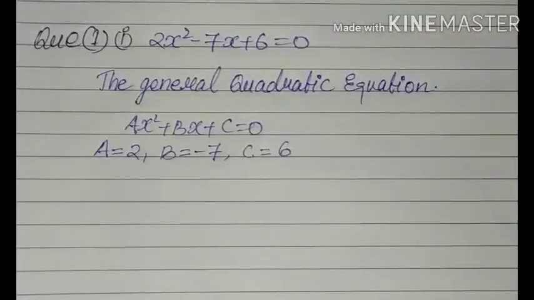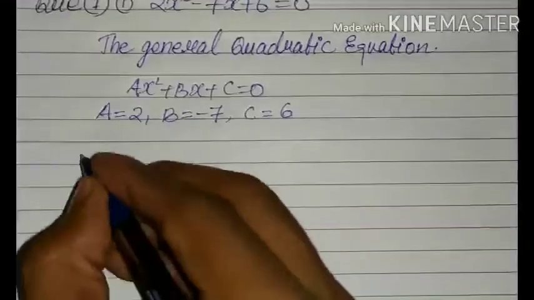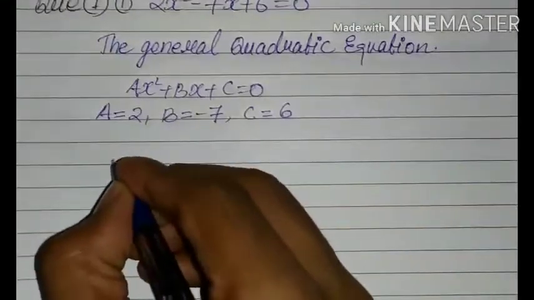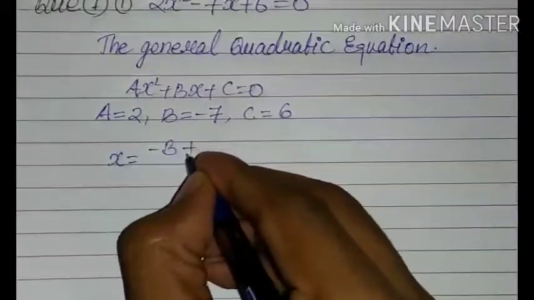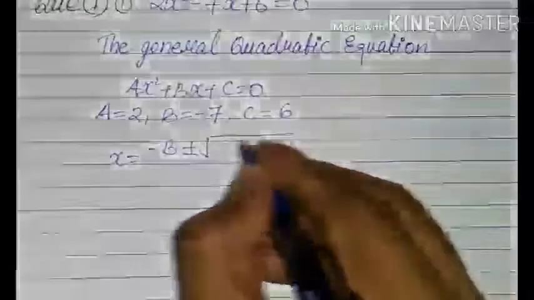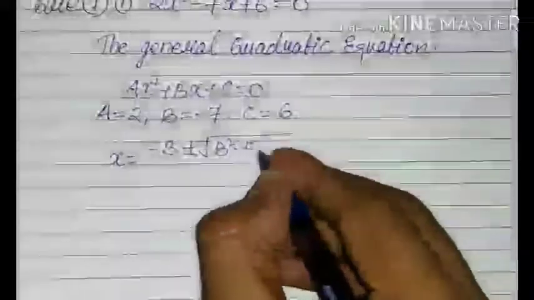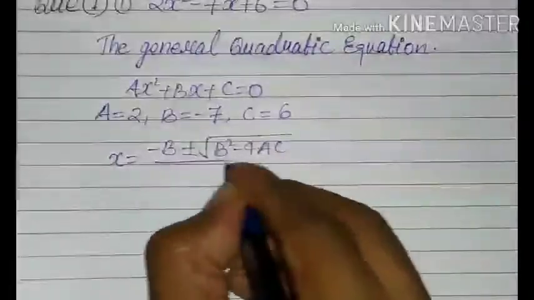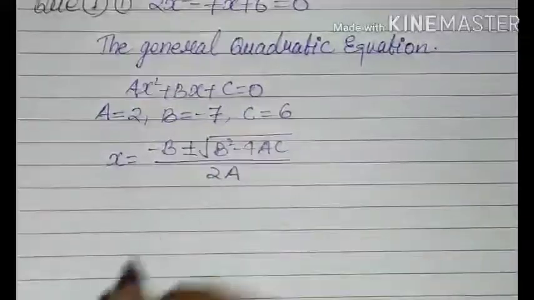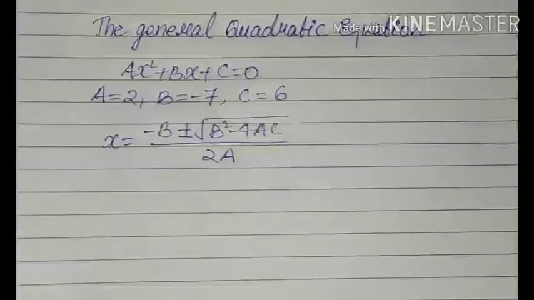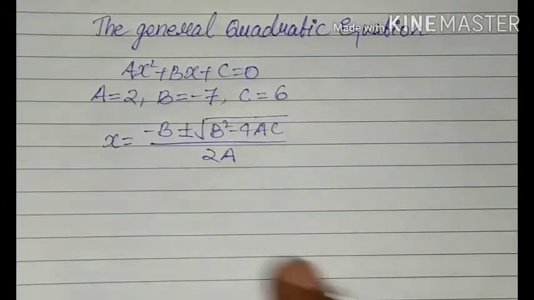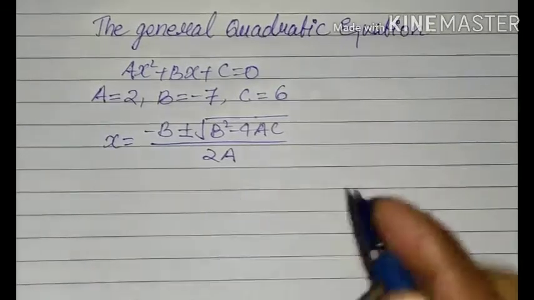Okay guys, and the formula of the Sridharacharya method, x equals to minus b plus minus under root b square minus 4ac upon 2a. Okay, and now I'm going to put all the values of a, b and c in the given formula.